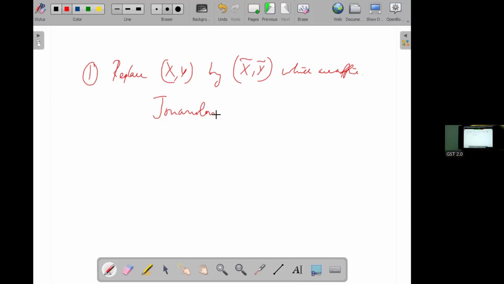So what is the Jouanolou trick? Take a quasi-projective variety, well, let's take first the case of a projective variety, so X is contained in P^n. There is a natural bundle on P^n, which I'll call J of P^n, which is a subset of P^n cross P^n dual.